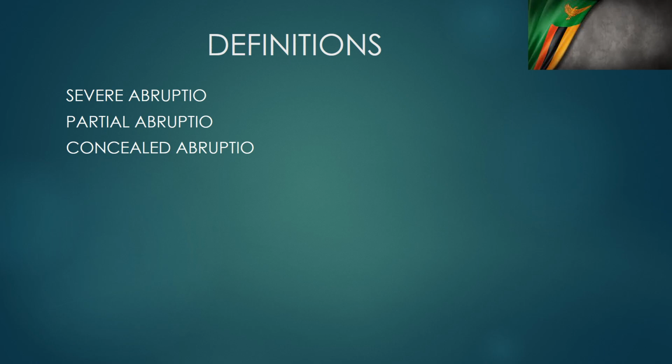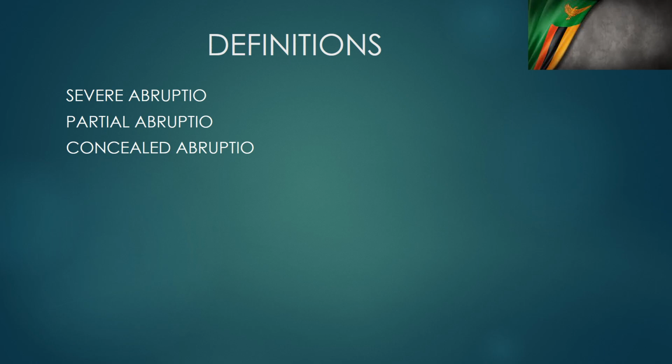Then we have what is called partial abruptio and complete abruptio. Partial abruptio means that only part of the placenta is detached from the deciduum basalis, or we have complete abruptio when the whole of the placenta is detached.